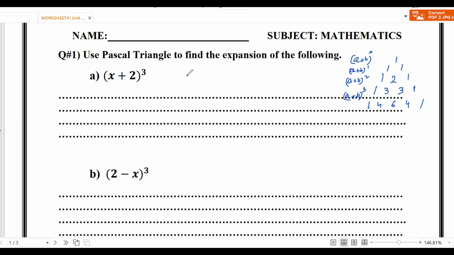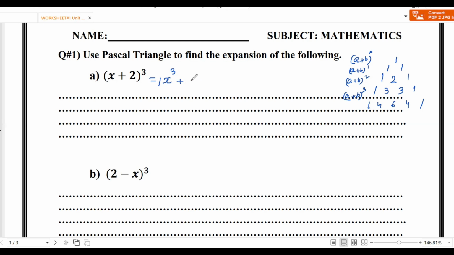So once we expand, remember one thing: we always take the first value with the highest power, which is 3 here, and that power will decrease one by one to become 0. The second term's power starts at 0 and ends at 3. So let's have a look. x to the power 3, with coefficient 1, so it will not affect, and 2 to the power 0, no need to write.